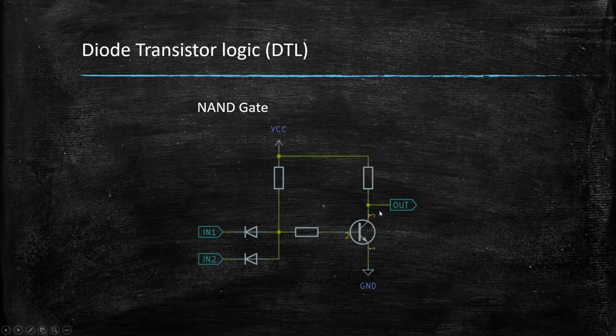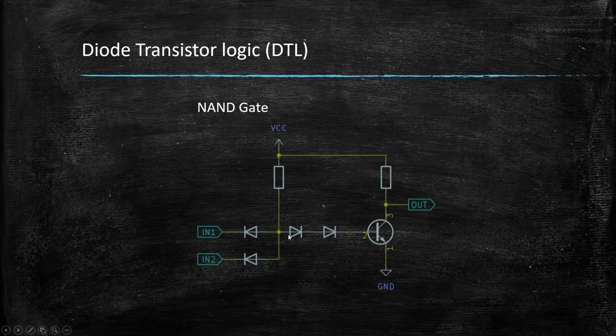Yeah, that's a problem. To fix that, what we can do is add 2 diodes here. And those 2 diodes will first increase our noise tolerance, since we basically lose that bias that we get from the diode input network over the other diodes back here. And it doesn't really fix our switching issue.